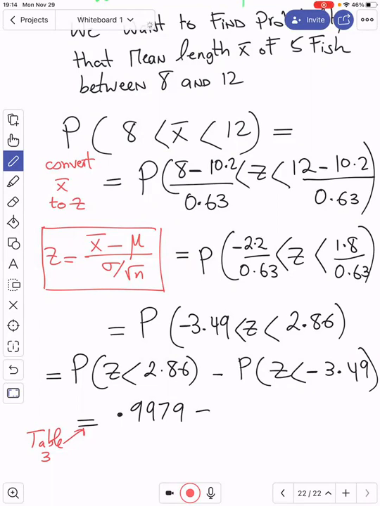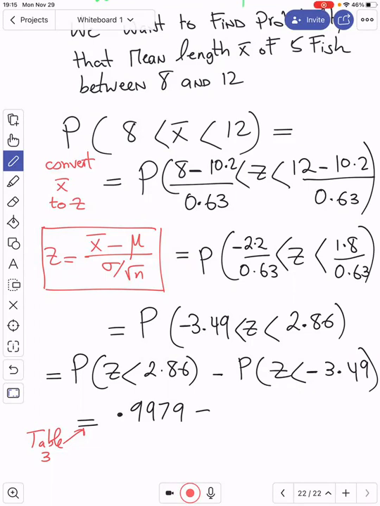Now for negative 3.49, if you check negative values of Z in your table, the smallest value is negative 3.48, and we said we treat any value smaller than that as having an area to the left of just 0.